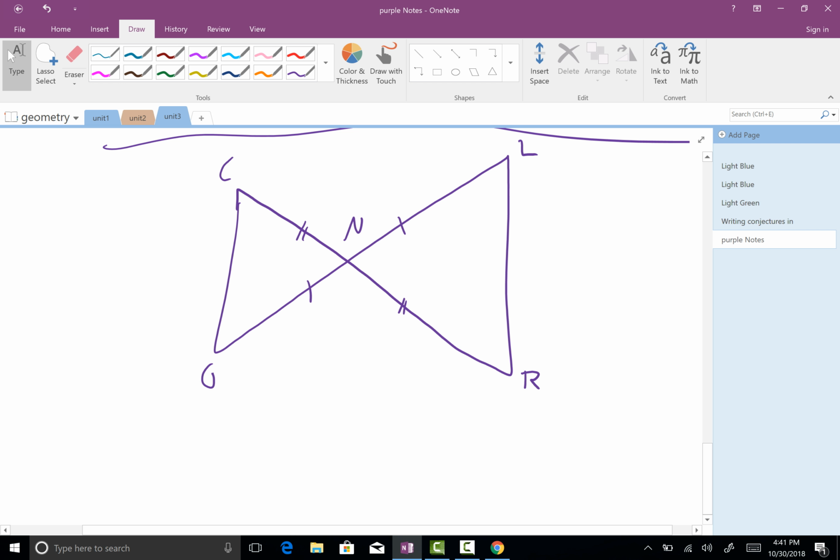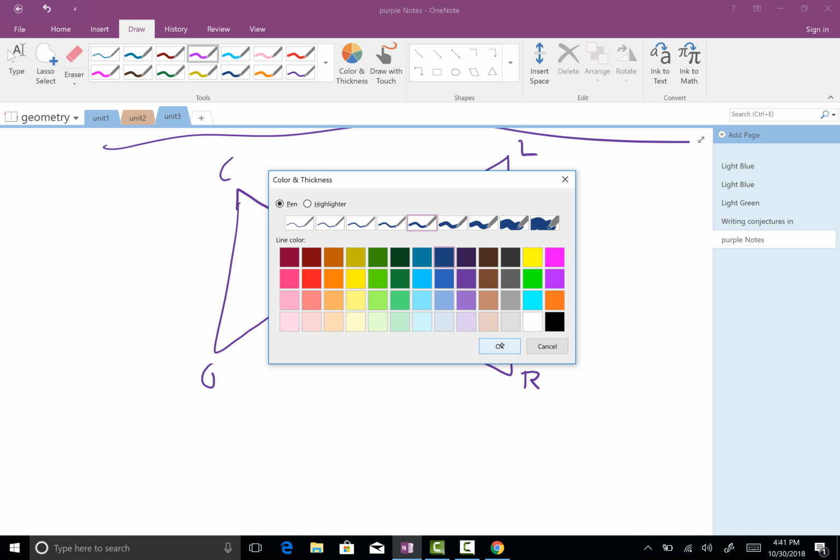We want to know if these triangles are congruent. But we only have two sides. We need something else. We just can't say things look like they're congruent, because if it's not marked, we can't say it. But here's what we got. Right here, vertical angles. We know those angles are equal.